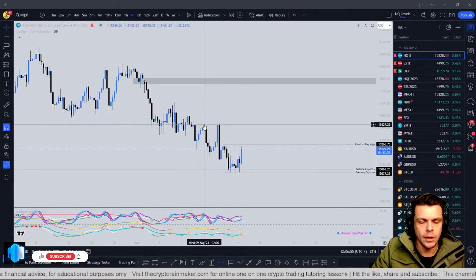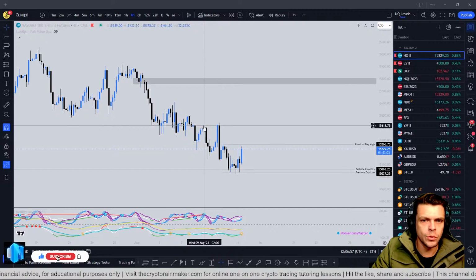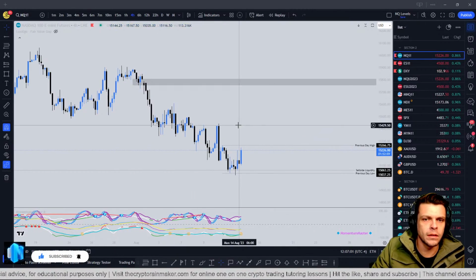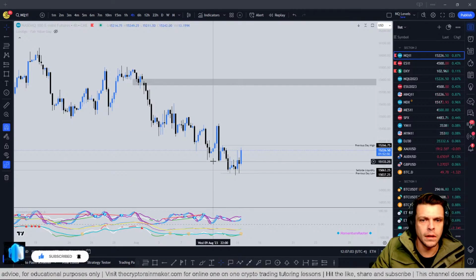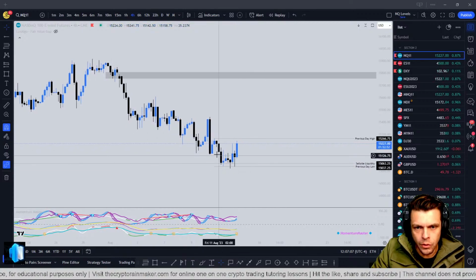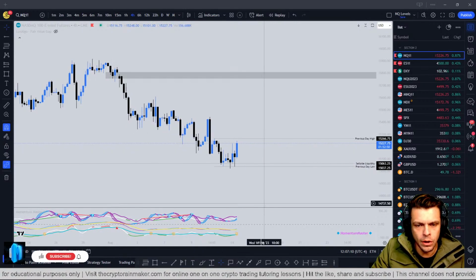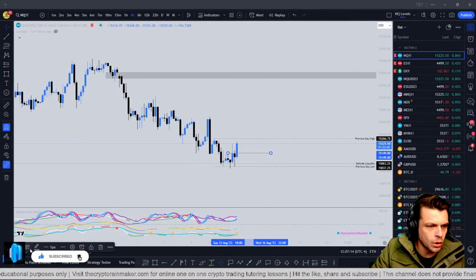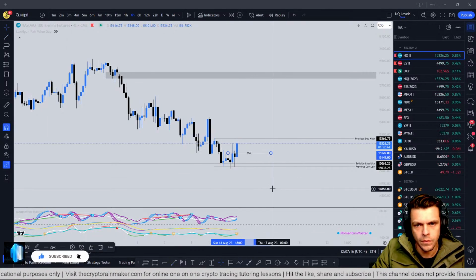Then this was a bit of a liquidity sweep. So we know that it's a liquidity sweep because it did not displace above that high. It only tapped it and then price dumped to the downside. And then right here, this was the last lower high. So on a 4-hour chart, we are starting to see a market structure shift.